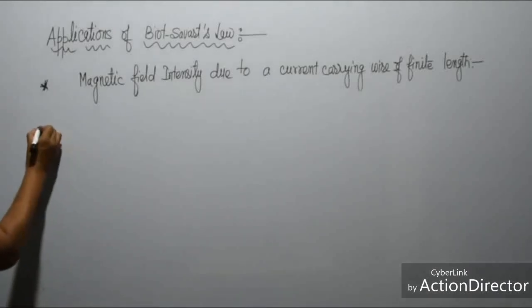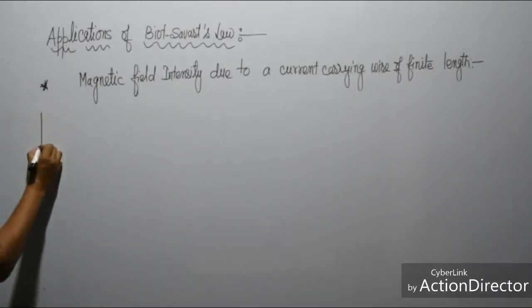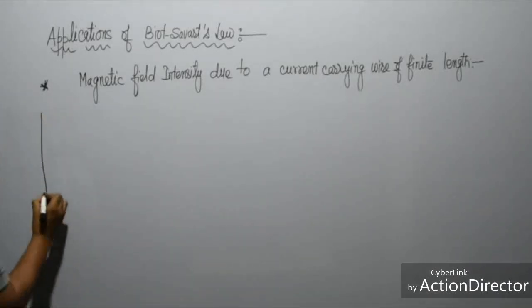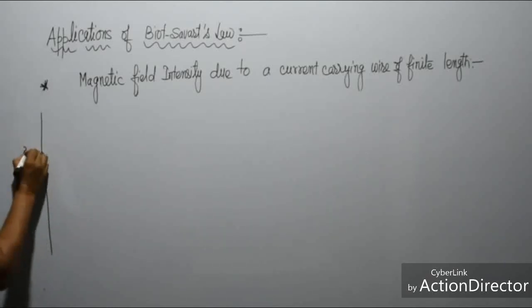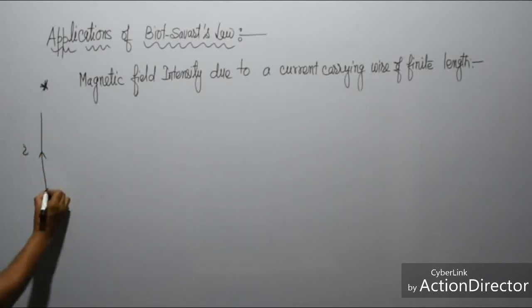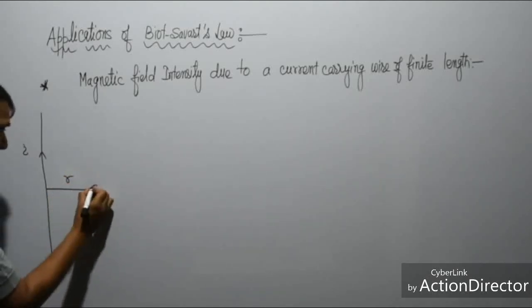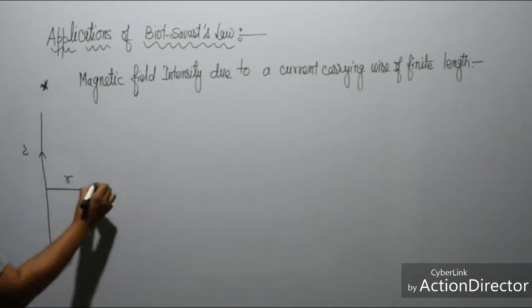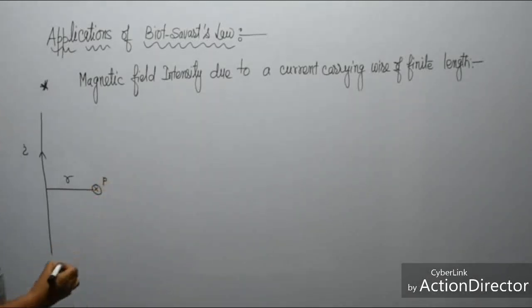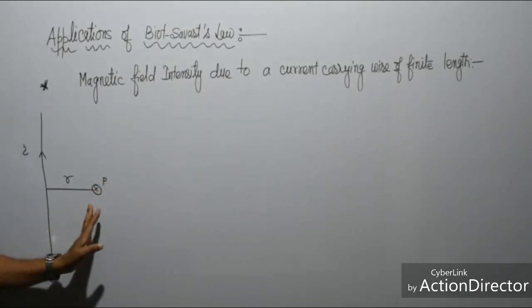Suppose we have a wire which has a current of I ampere, and from this wire at a distance small r at a point P, we have to find out magnetic field intensity.